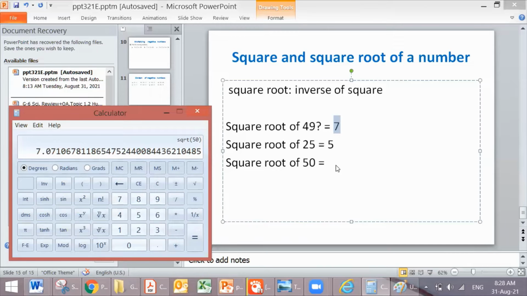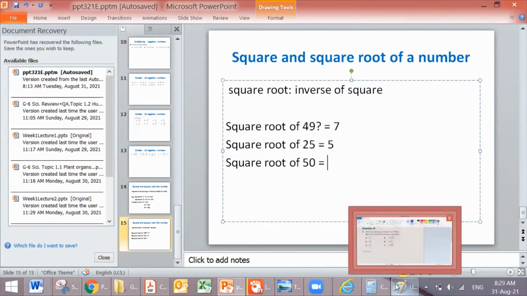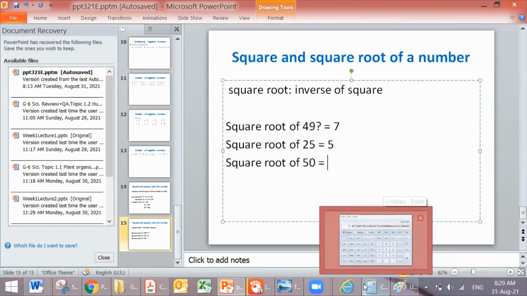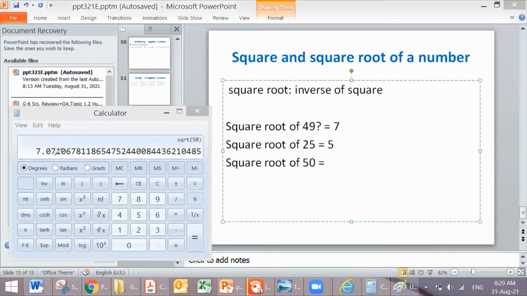Now you have to recall the values of decimal places. If you are asked to write your answer up to 2 decimal places, that means 2 values after the decimal point. So these are 0 and 7, 2 values.